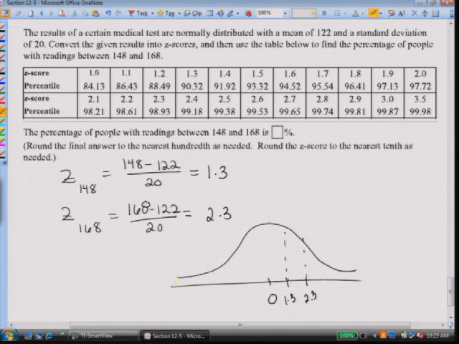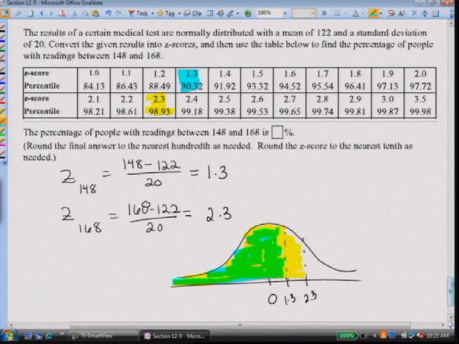So if I look on my chart, it will give me the area below, or the percentile below 2.3 as 98.93. And then if I look on my chart, the area to the left of 1.3 is 90.32.